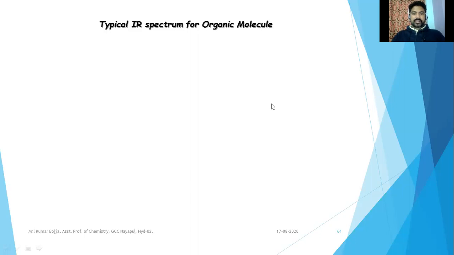So let us discuss the applications of IR spectroscopy in organic chemistry, the energy levels of a harmonic oscillator, and what a vibration is. Let us discuss all these properties in the present class.